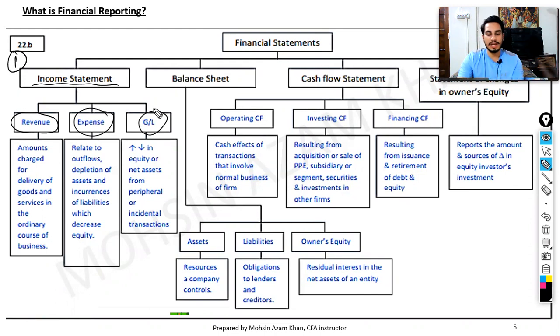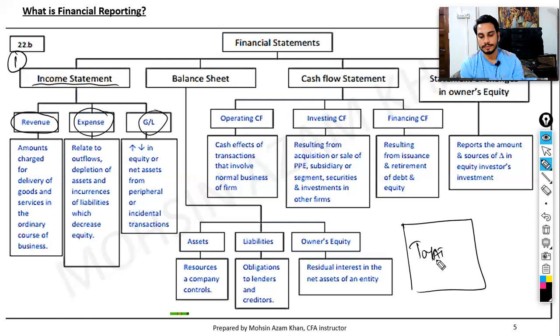For example, let's take an example of Toyota, one of the best automobile companies. Toyota's normal, major course of business is automotive. Automotive means it produces vehicles and sells them. So revenue would be how much money they are getting through selling their cars.